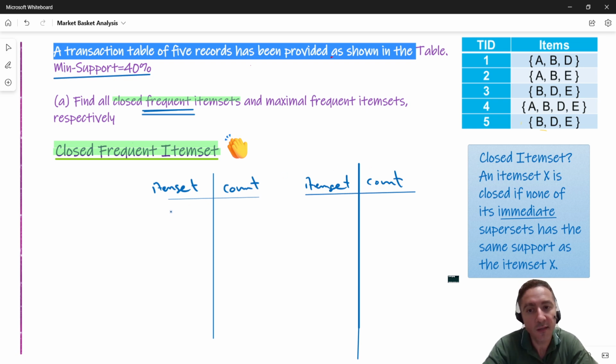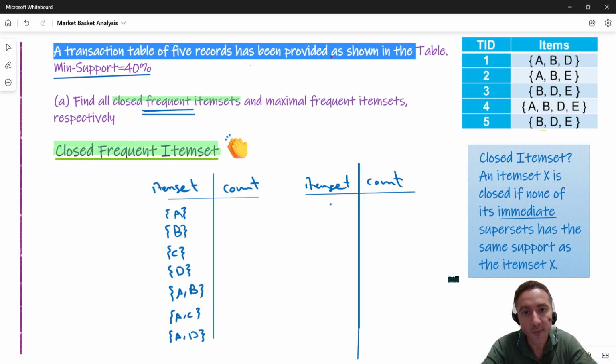So let's find the item sets first. Okay, so we have A. Same idea like what we have done earlier. We look for the one item set. We have B, we have C, we have D. Then we look into two item set. We can immediately generate them from here. So we have AB, we have AC, we have AD.